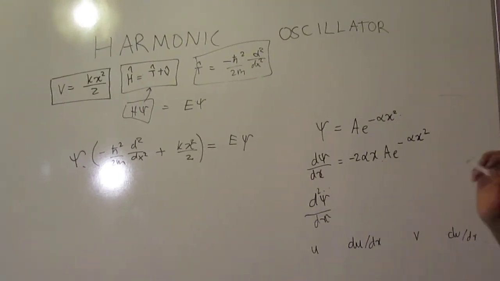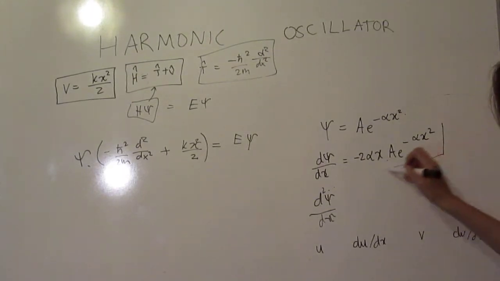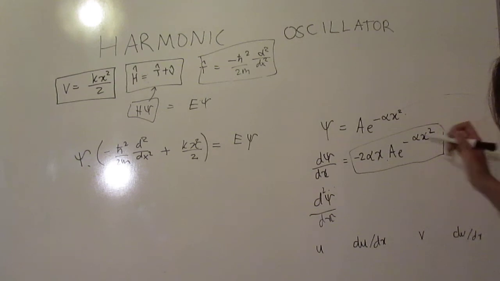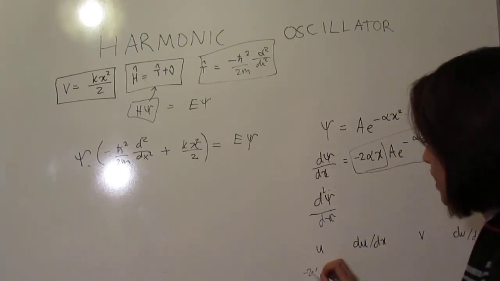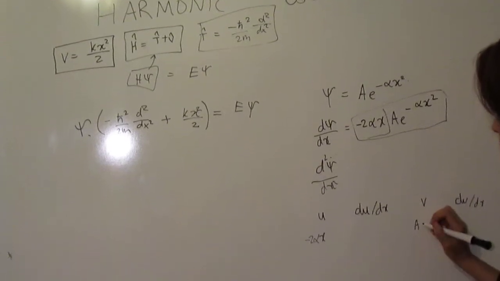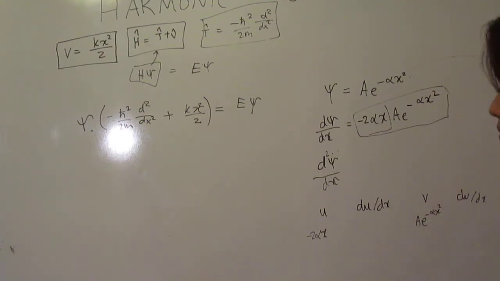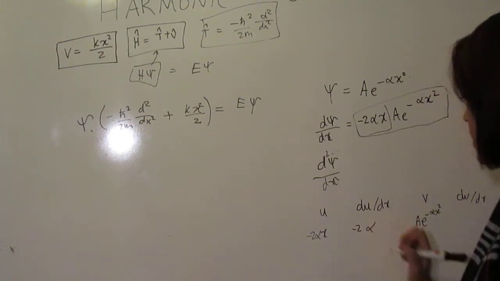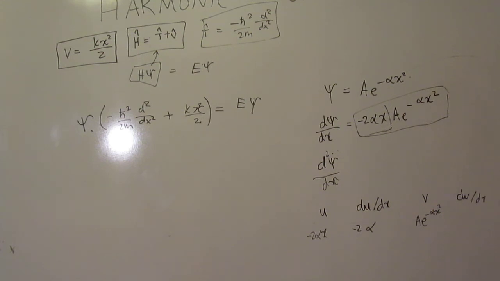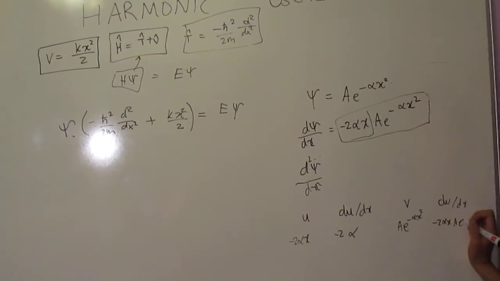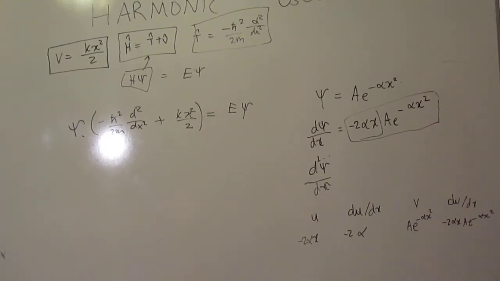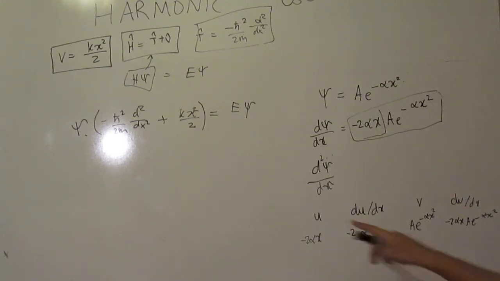If we use u to equal this part, minus 2 alpha x, and the second part, v, to equal a e to the minus alpha x squared, then du by dx will equal minus 2 alpha, and dv by dx will just equal the same as this, minus 2 alpha x a e to the minus alpha x squared. So we find out that it's u times dv by dx plus du by dx times v.